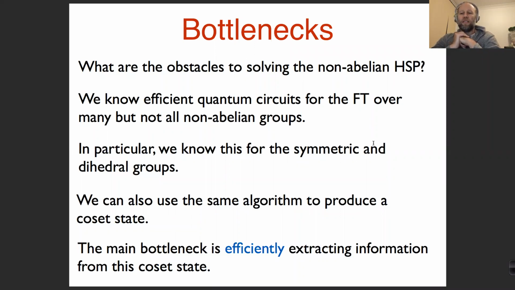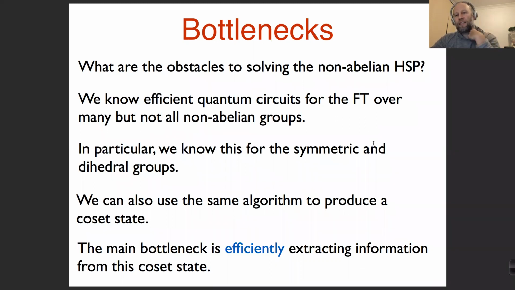So that's not the problem. We can still produce a coset state, but the problem is, if we produce a coset state, how can we efficiently extract information from that state to identify the hidden subgroup?